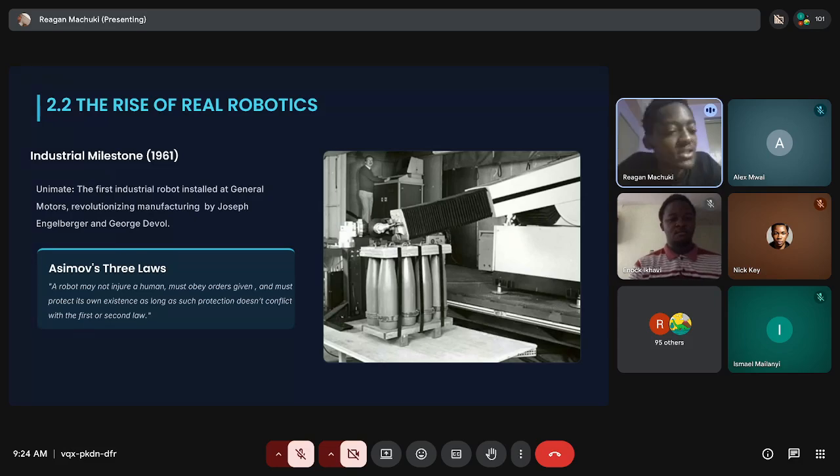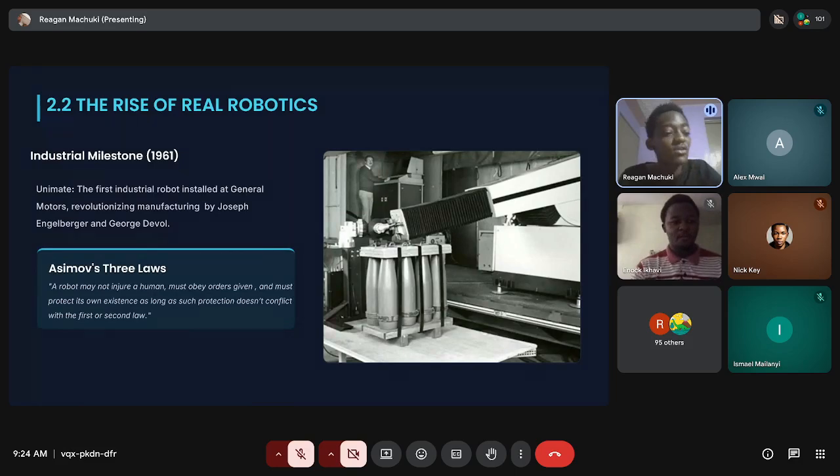The first: a robot may not injure a human being, or through inaction allow a human being to come to harm. The second: a robot must obey orders given to it by human beings, except where such orders would conflict with the first law. And the last: a robot must protect its own existence, as long as such protection does not conflict with the first or second laws.